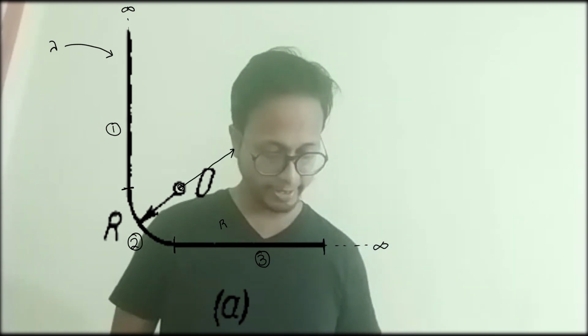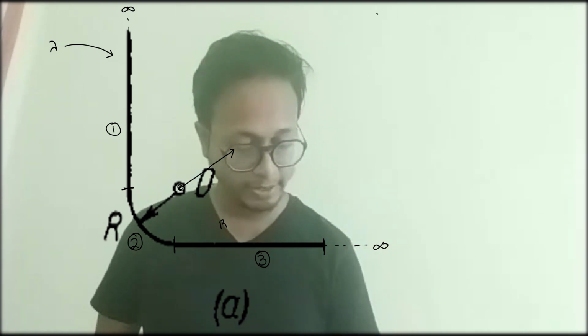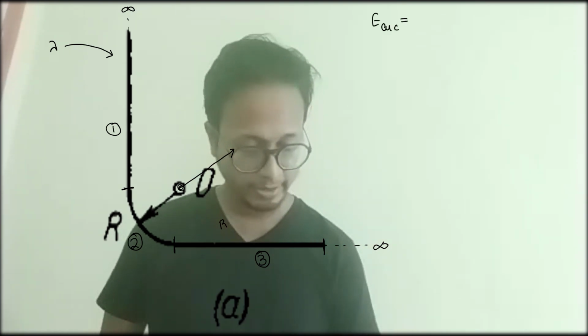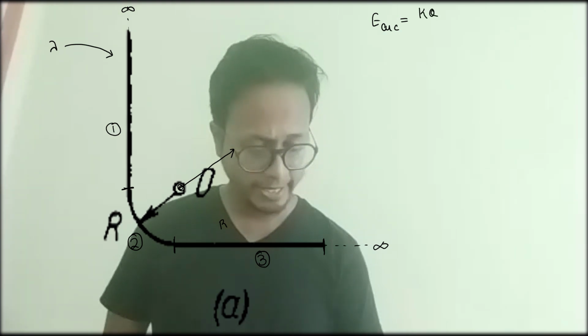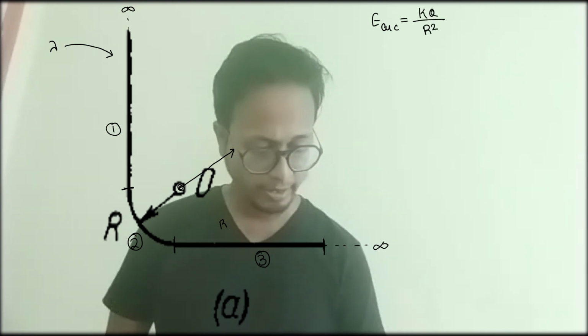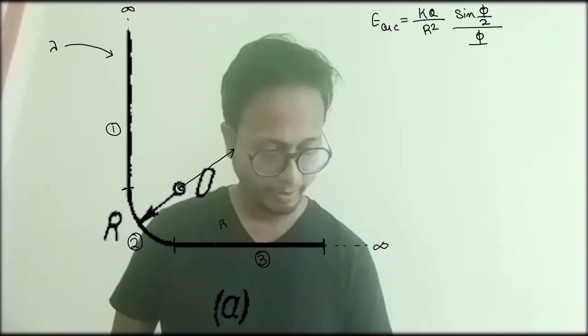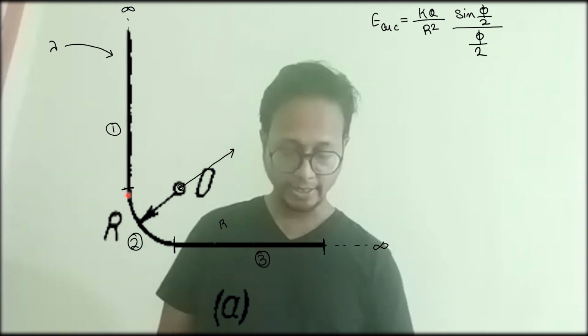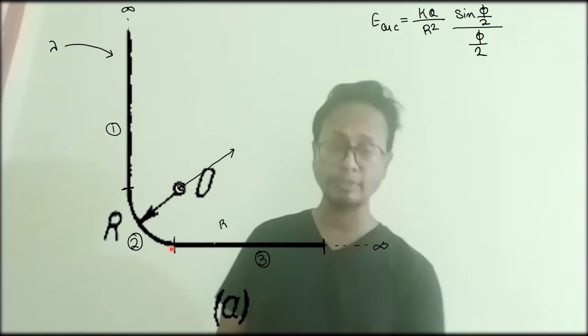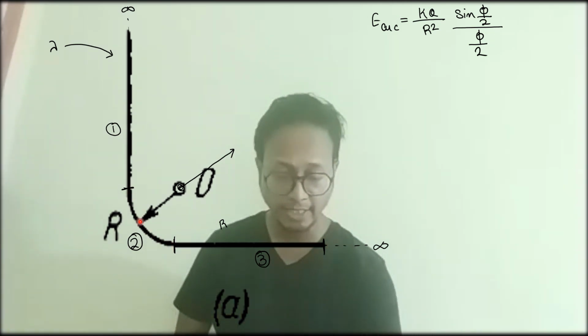What is the electric field due to a semicircular arc? E due to arc is nothing but kq by r square into sine phi by 2 divided by phi by 2, isn't it? But instead of giving the total charge for this semicircular wire, they have given the charge density.